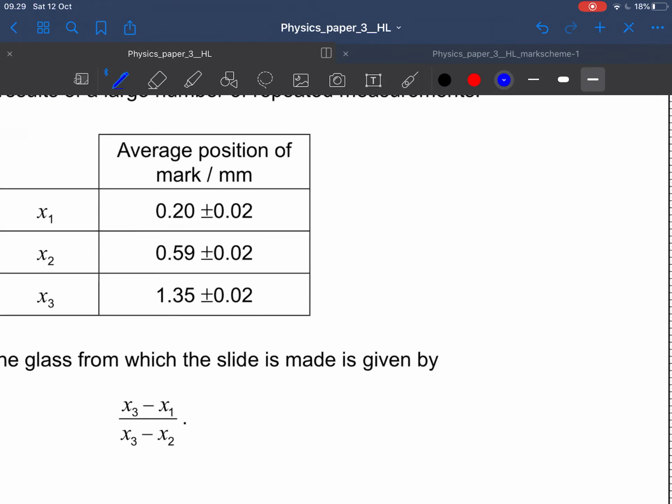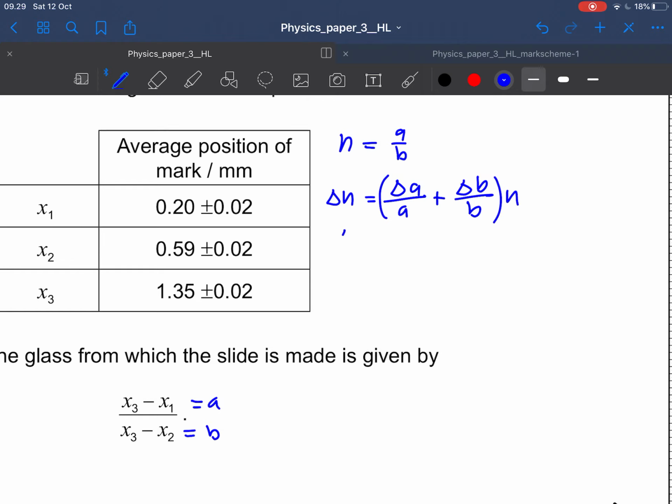And how can we find delta A? Well, that's simply, because A is x3 minus x1, delta A is equal to delta x3 plus delta x1. So we just add them. And what are they? Well, this one's 0.02, and they're all 0.02, so they're actually all the same. So that's just equal to 0.04.